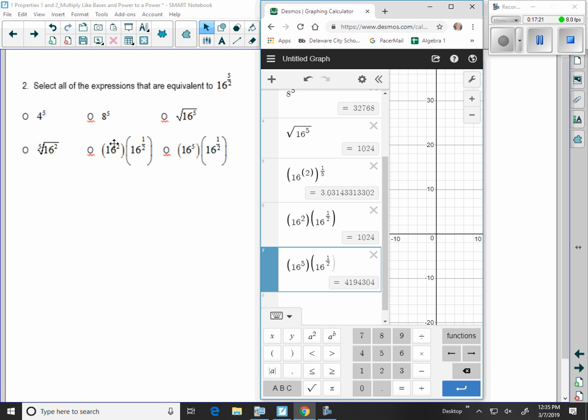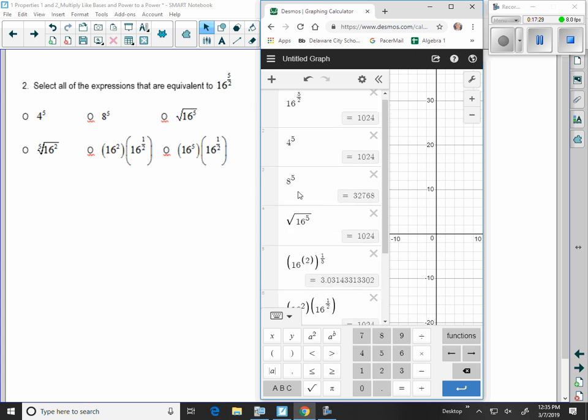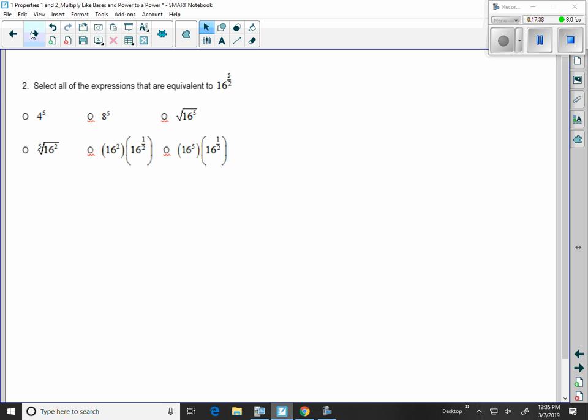This guy right here works, so you should circle that one. Our 5th root did not work. 16 to the 5th, yep. 8 to the 5th, nope. 4 to the 5th, yeah. On those where there's no variable, you can type those into Desmos. It takes a little bit of time, but it's worth it rather than trying to figure all this out in your head.